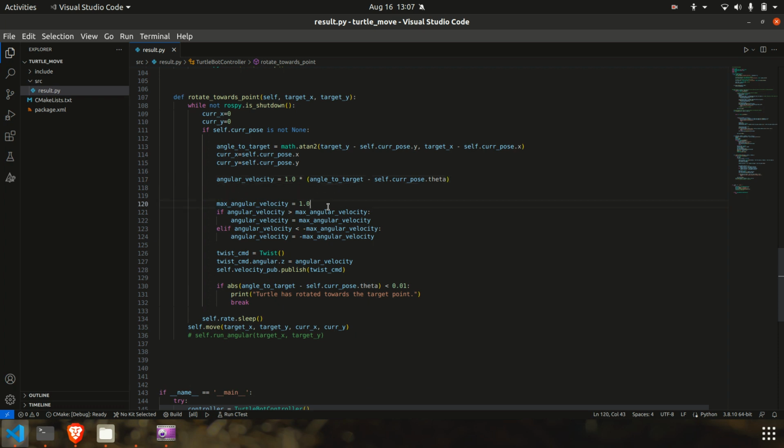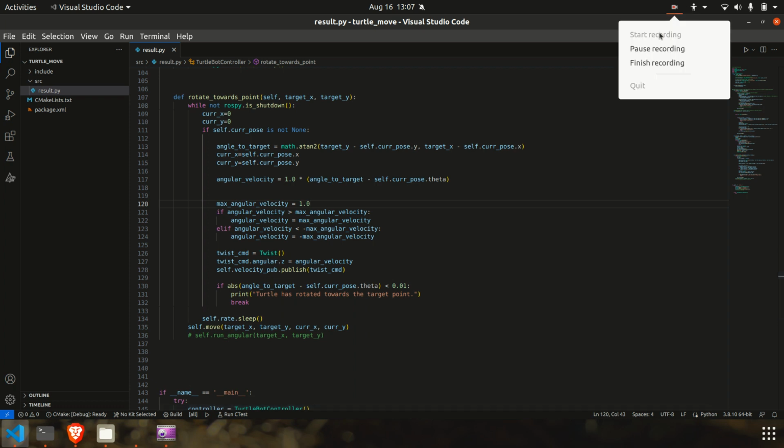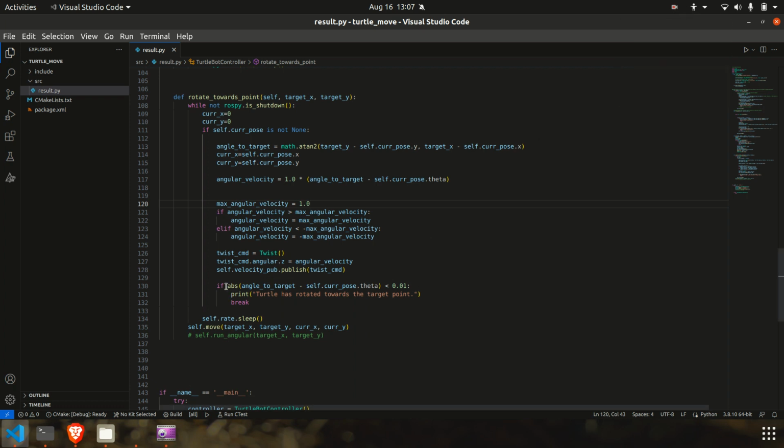But here is the point of change: I am taking the max angular velocity to be 1 here, to work the turtle in accordance with the accuracy of the rotation action. So whenever the angular velocity exceeds the maximum angular velocity, I'll equate it to the maximum angular velocity.